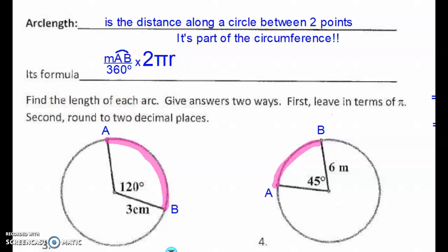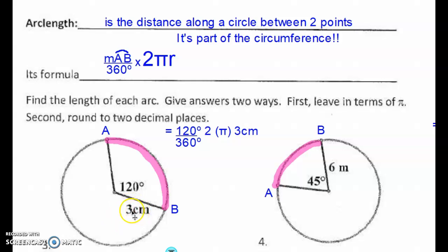Okay. So if you think logically, this pink line is part of a circle. Now, we know the central angle is 120. This arc's measure is 120. But our answer is going to be, how long is that pink piece? So it's the arc's measure, 120 over 360 times 2 times pi times the radius, 3 centimeters.